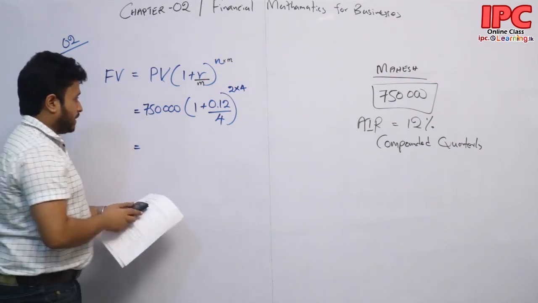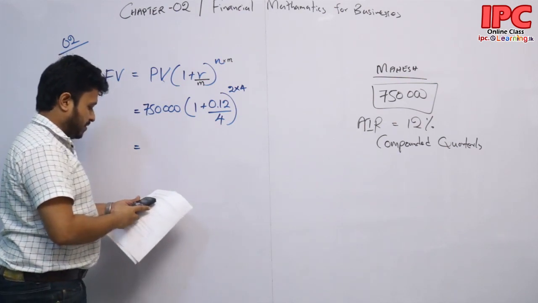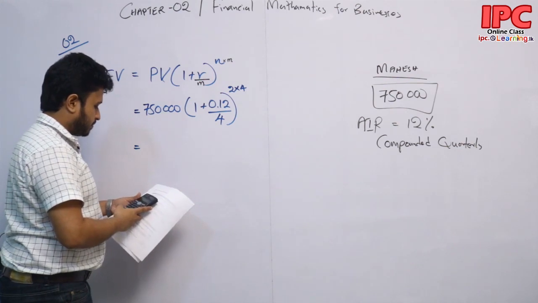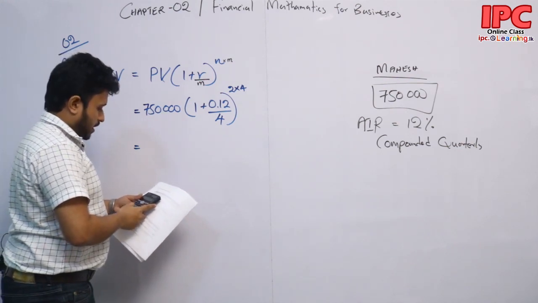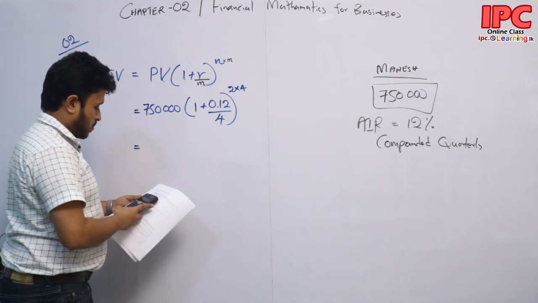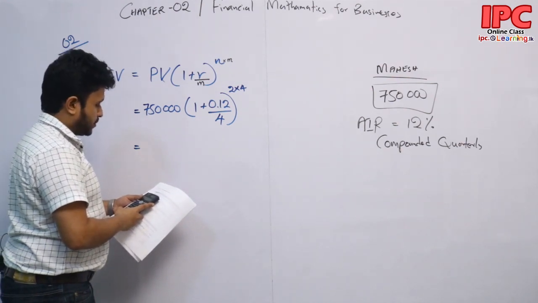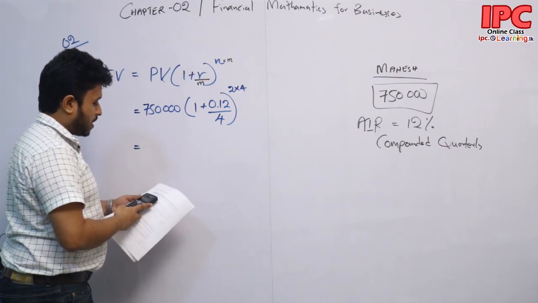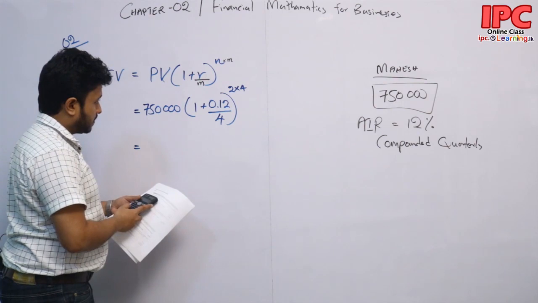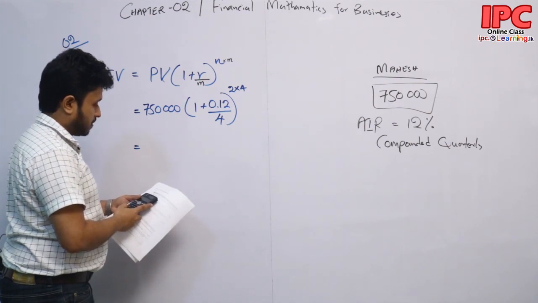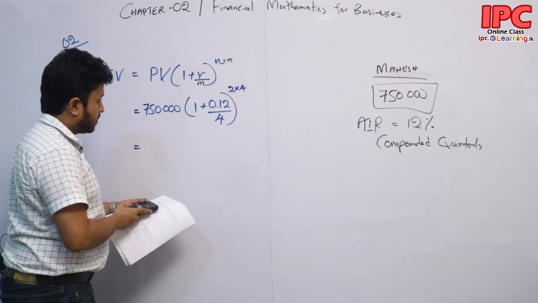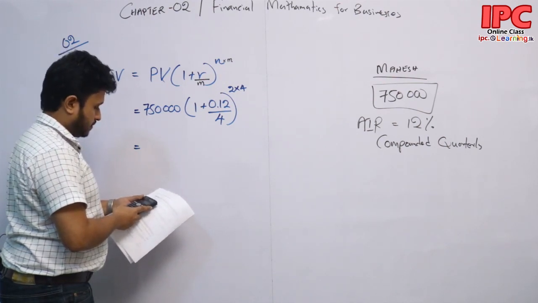Take your calculator and type 750,000 into 1.03 to the power 8.